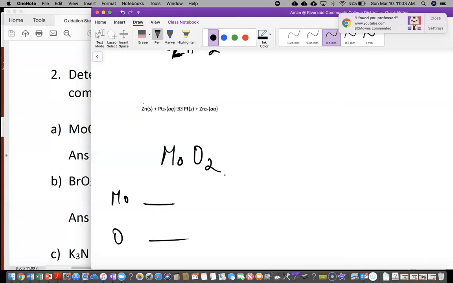You said the charge on O is always -2, right? Yes, except when it's with fluorine. That's the only one that can win over oxygen.